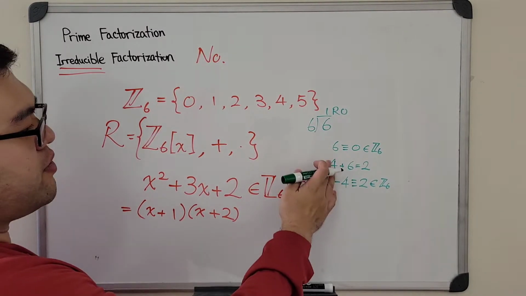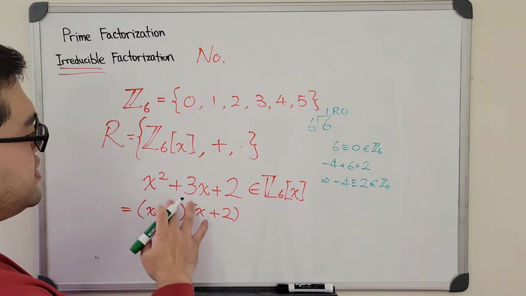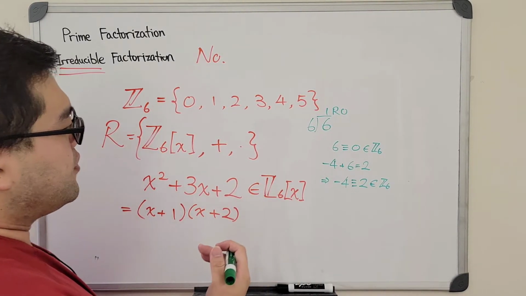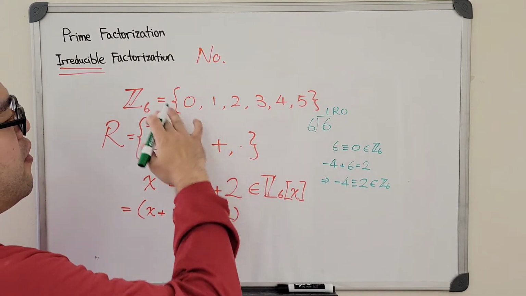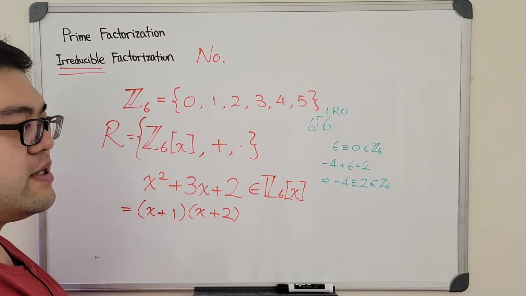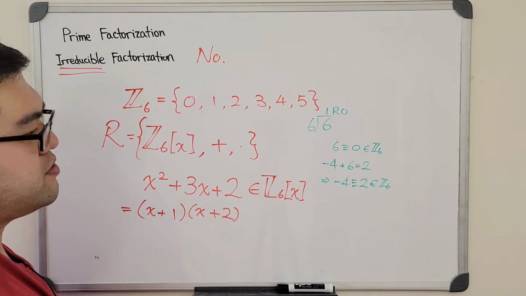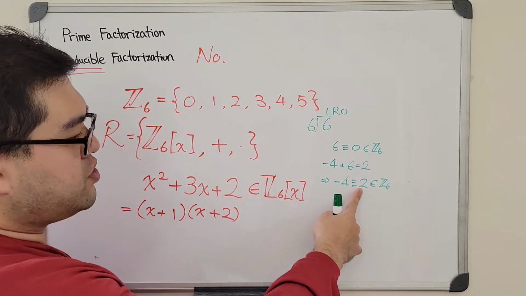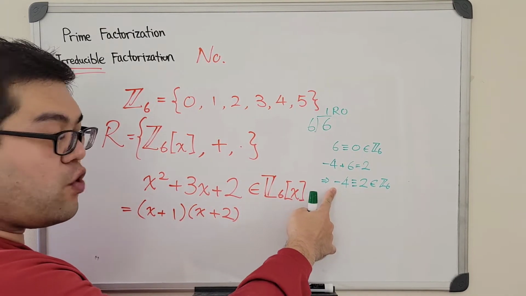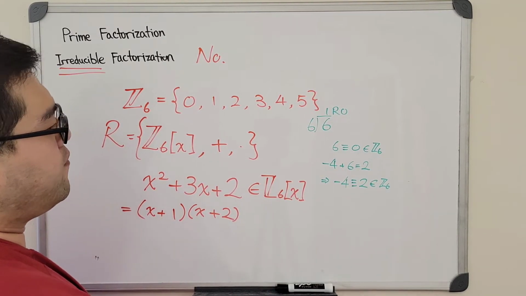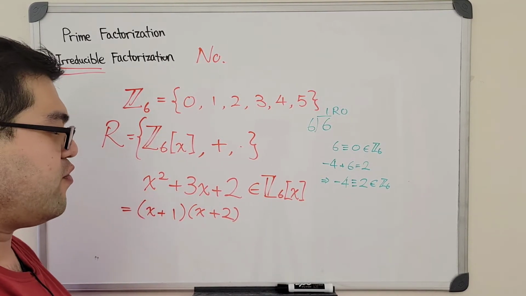Well, based on what we just did, we can also say that if we have something inside of the ring, we can try to replace it with some other things too. Such as if we have a 2, we can replace it with negative 4. Or if we have 5, we can replace it with negative 1.